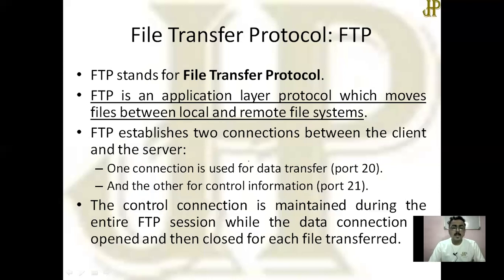Another one is for control information, and it runs on port number 21. Whenever the connection is established, the control connection is maintained during the entire FTP session, while the data connection is opened and then closed for each file.